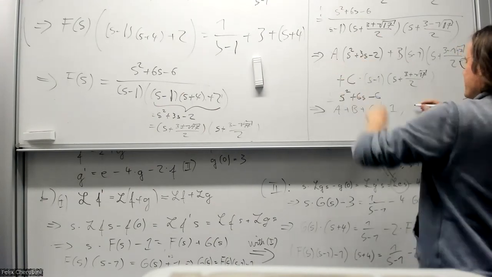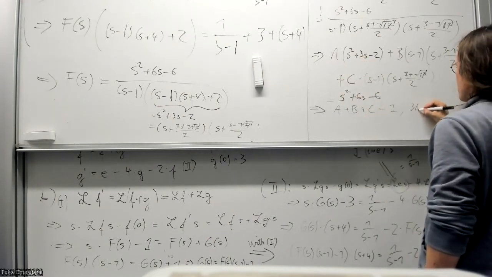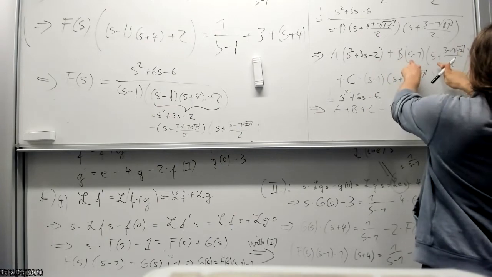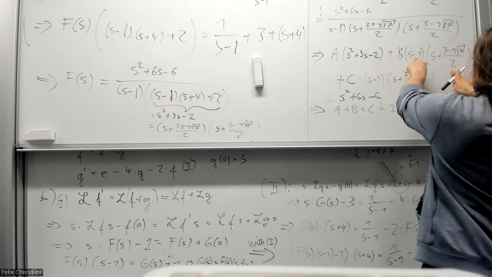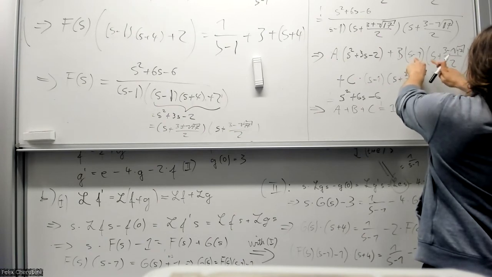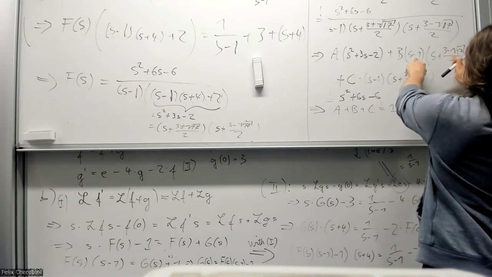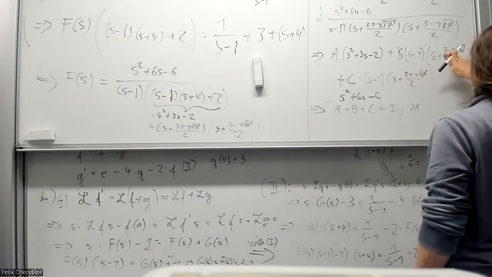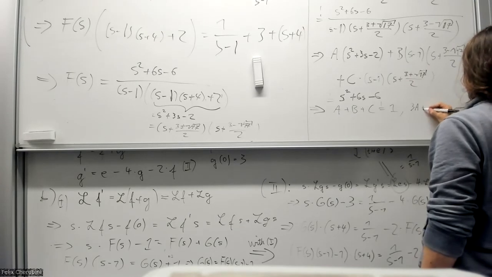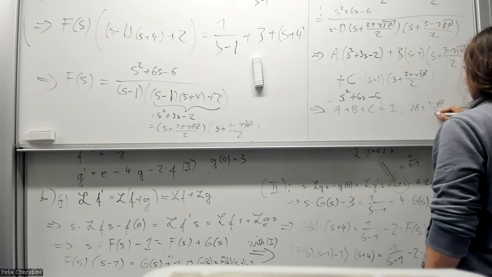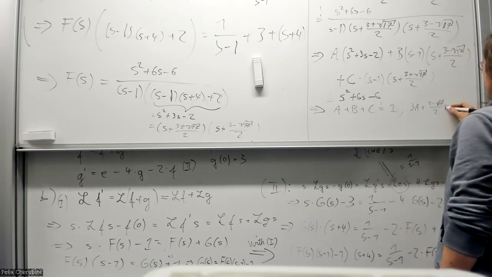So we have 3s times a here, so we get 3a. Here, as the middle term, we get something more complicated, so minus 1 plus this thing. So we have a 1 here instead of 3. So it's plus 1 minus square root 17 over 2 times b.